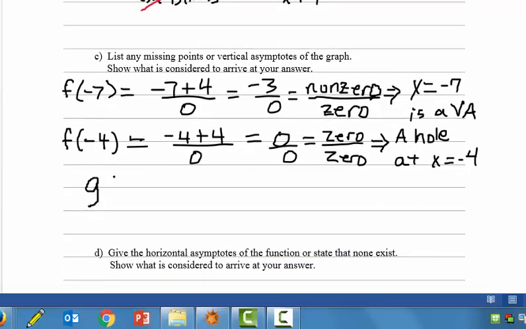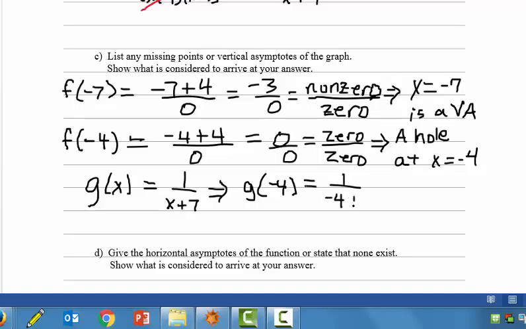So we take g of x, which was 1 over x plus 7, and we replace all the x's with negative 4, since that's where our hole is. So we wind up with 1/3. So we have a missing point or a hole in the graph at the point where x is negative 4 and y is 1/3.